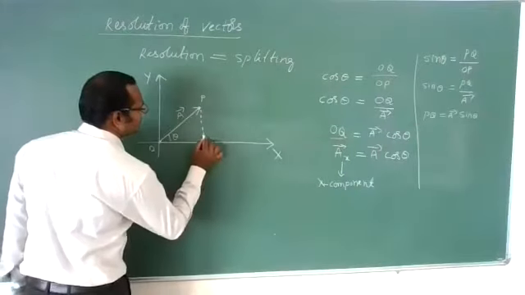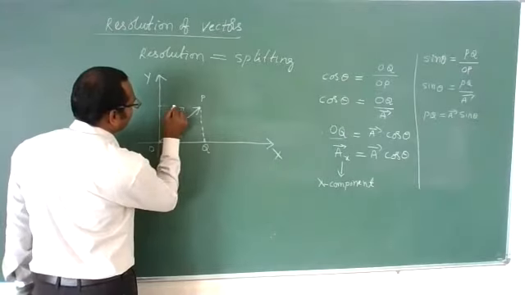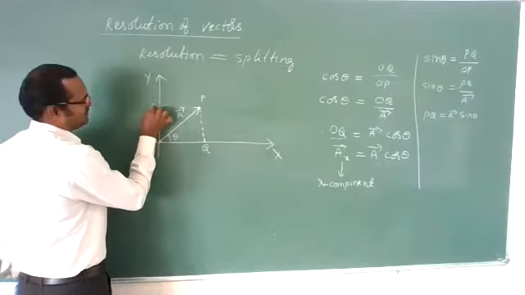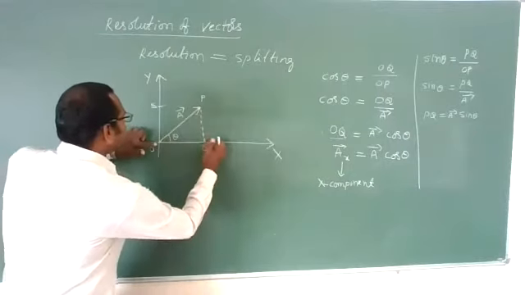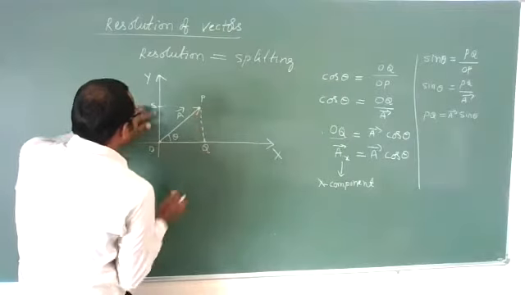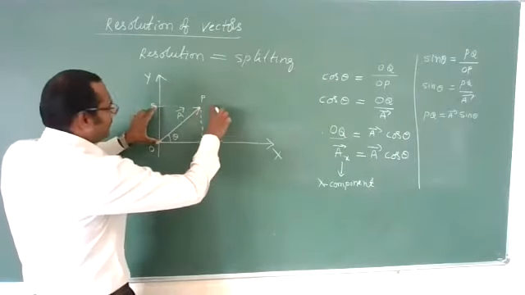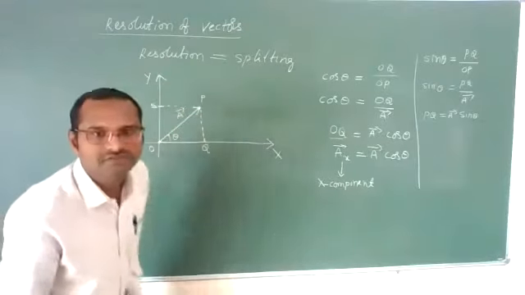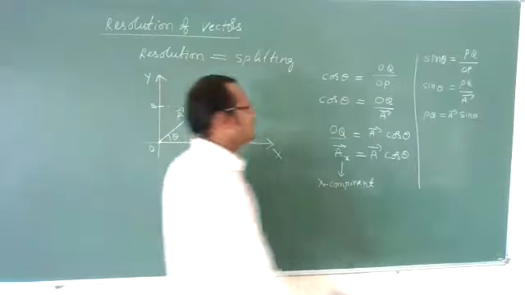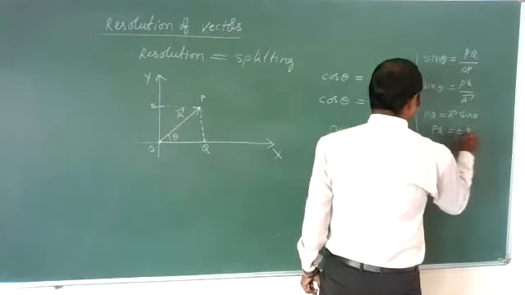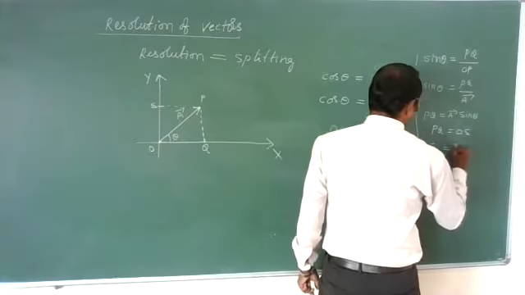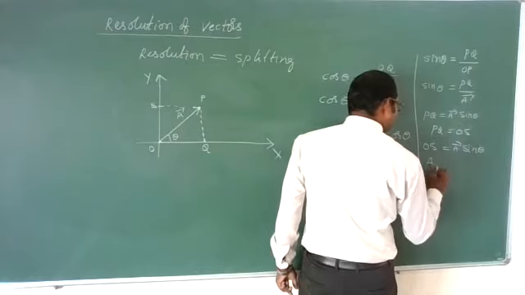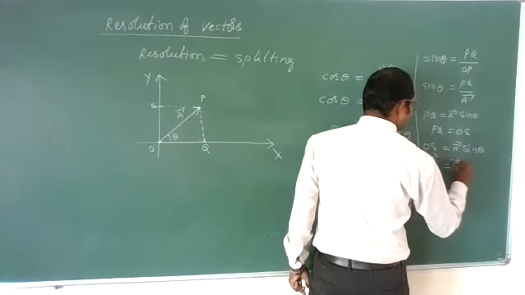If you draw one projection on this, I am calling it PQS. Lengthwise, PQ is nothing but OS. PQ and OS will be the same because it is a perpendicular. So OS is equal to A bar sin theta.